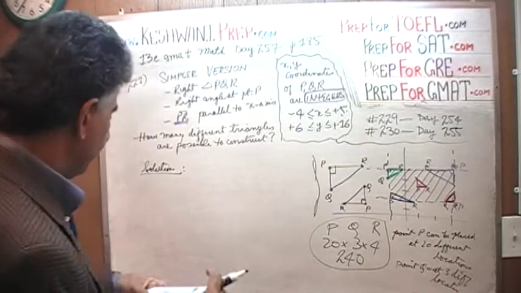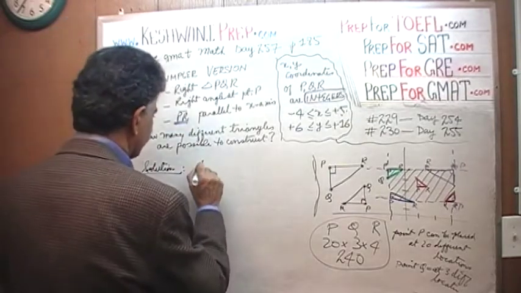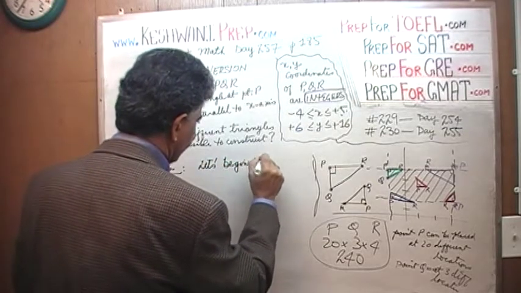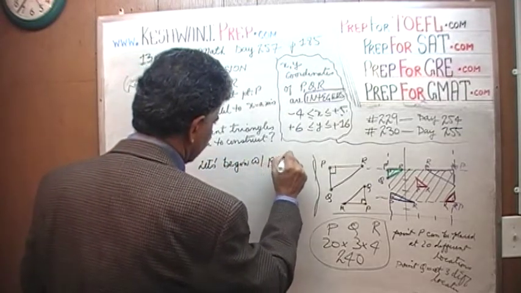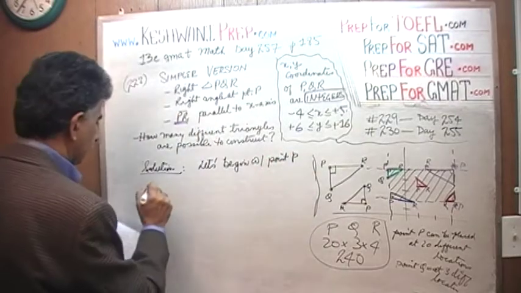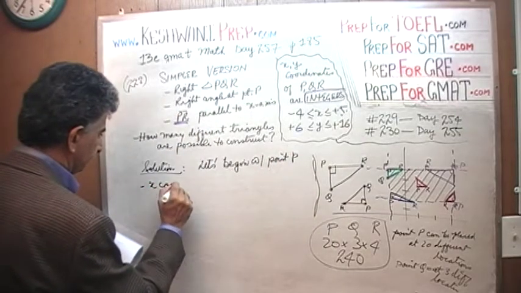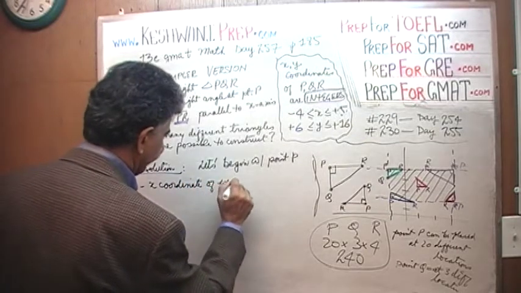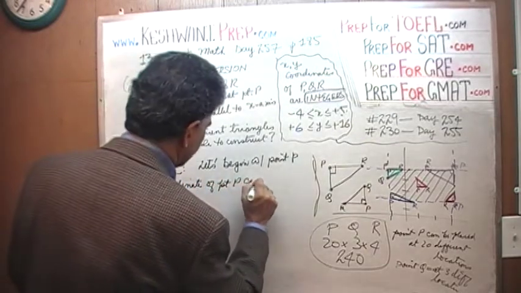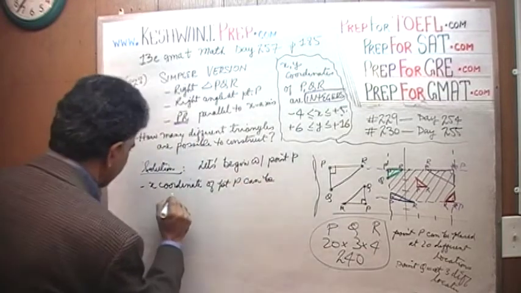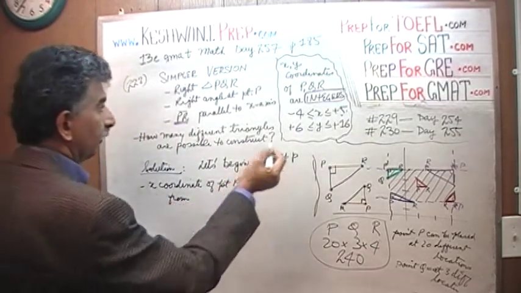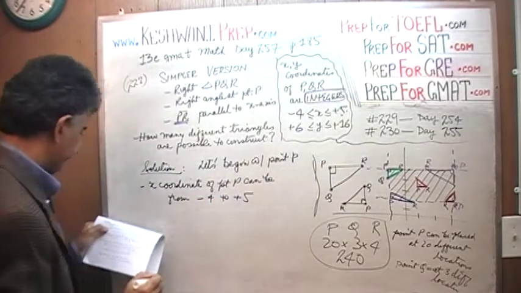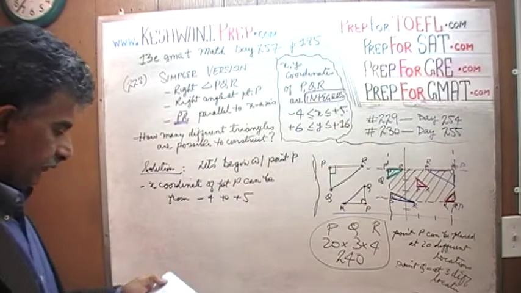So let's begin with point P. The x-coordinate of point P, we are told, can be from -4 to +5. -4 to +5.